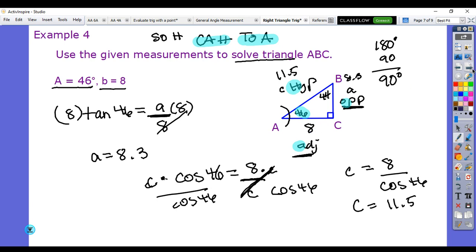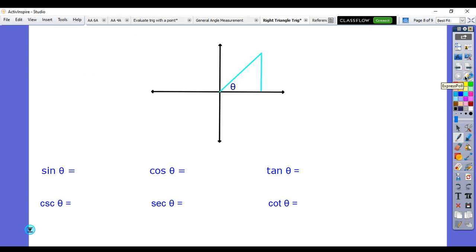All right, the last thing we're going to talk about is trig functions with a point. So we're going to be graphing the last part. And what we're going to do, we're going to graph a point somewhere on a graph. And you will always connect this point to the origin.